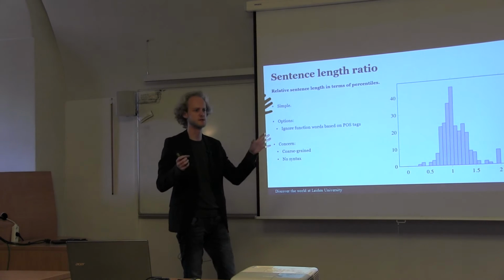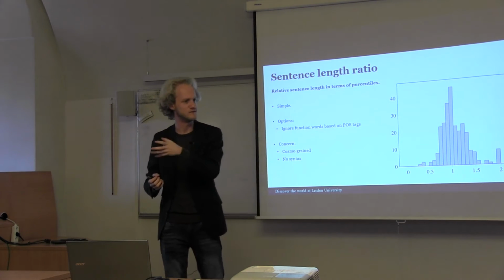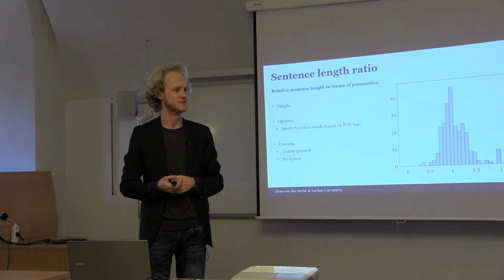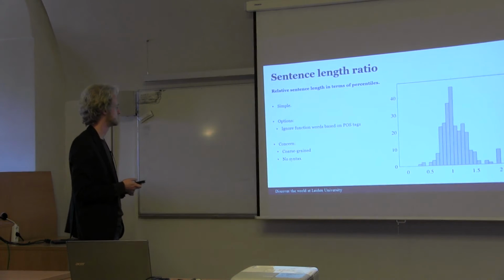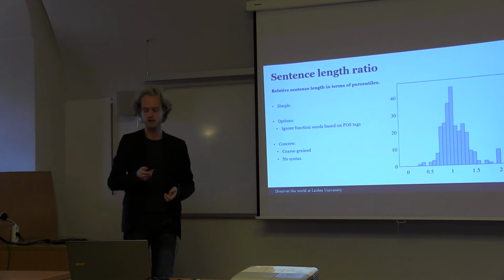So if a sentence in one language is 3 times as long as the one in language 2, throw them out. They're probably not considered equal, right? And we also experimented with ignoring function words based on part-of-speech tags, but there is a big concern. It does not use any syntax at all, and it is very coarse-grained.